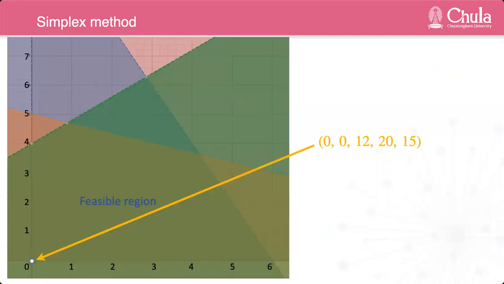Okay? Look at the graphic. We have only 2 variables, so we can draw it. We're starting from this point, which is inside our feasible region, right? This point is 0, 0. And what is the meaning of S1, S2, S3? They are slack variables, the variables defining the distance from the current point to the constraint.